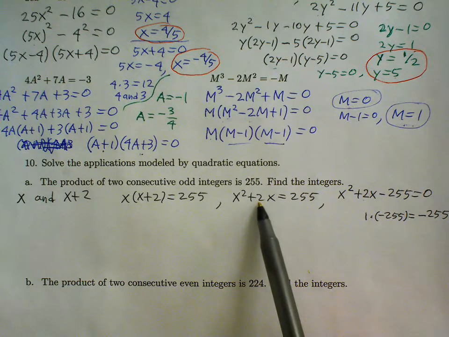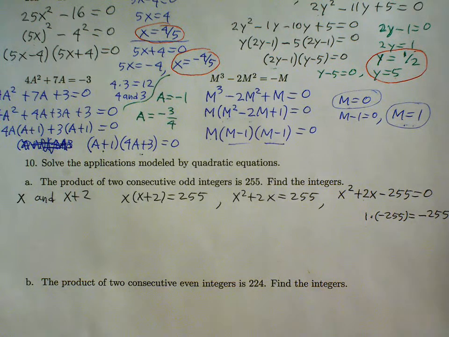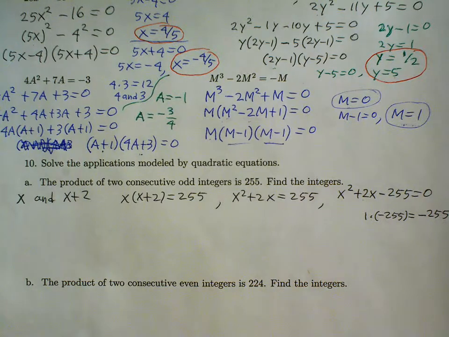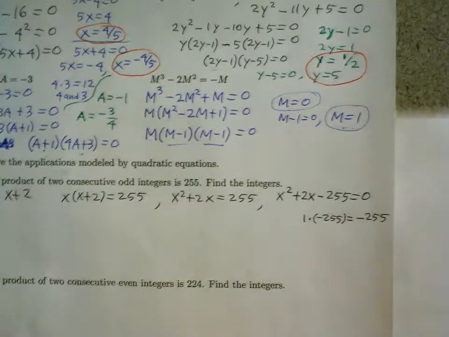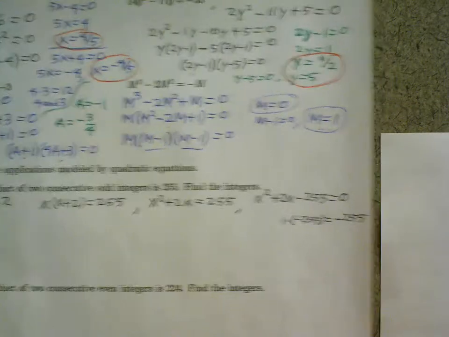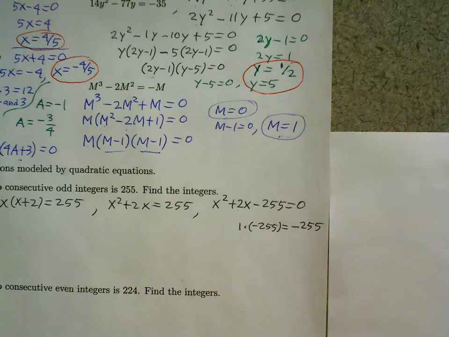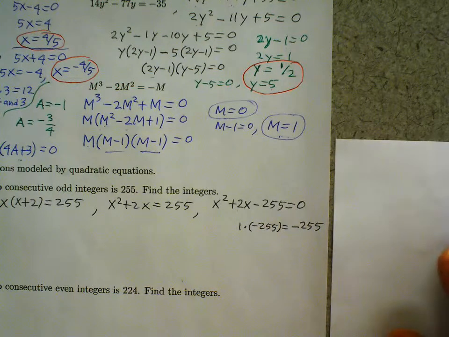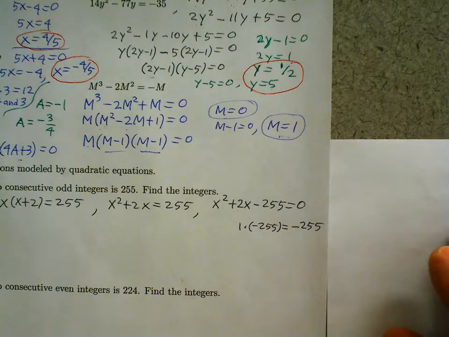If they add up to a positive number, the one with the largest absolute value must be positive. Yeah, I don't have a lot of space on that paper, so on another piece of paper, I'll use our systematic search.